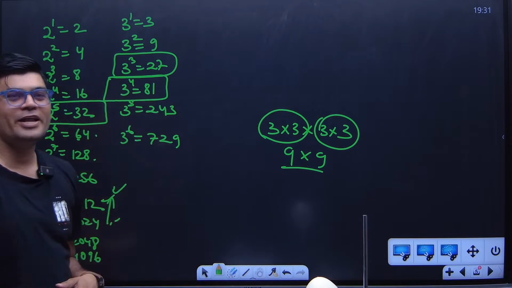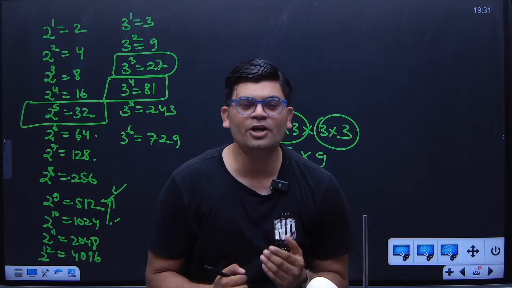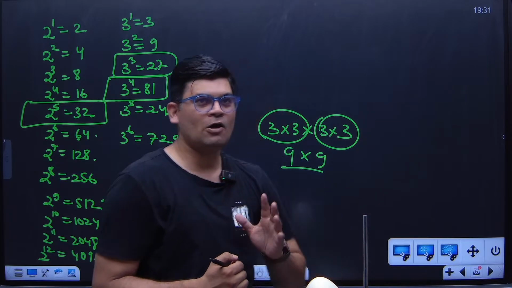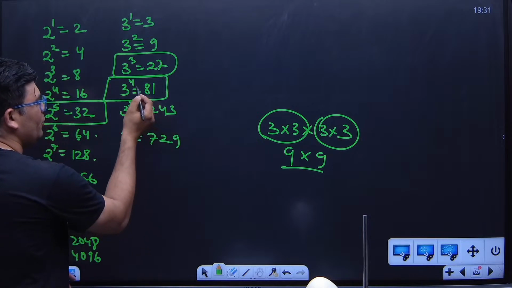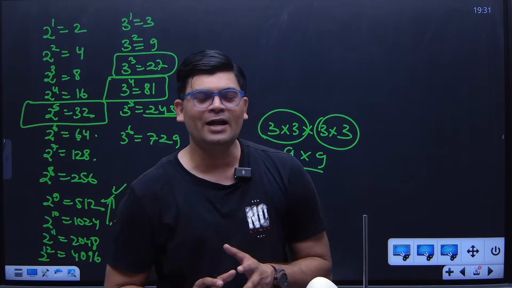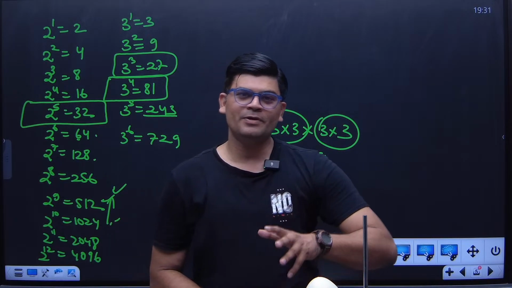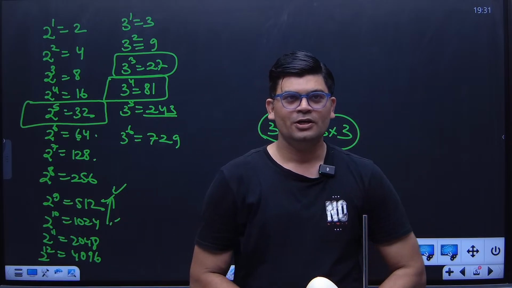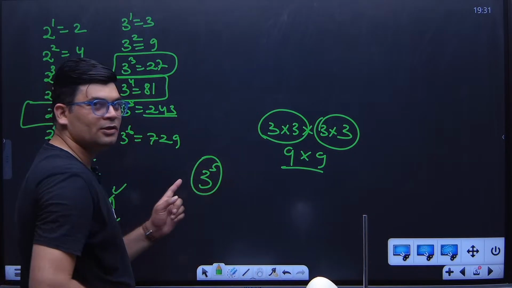So 3 to the power 4 is 81. Now 3 raised to the power 5 is 243. How can you remember this? See, 3 into 1 is 3, 3 into 8 is 24. So 243 is a special number. You can't ignore that. Many times you will see this number in the calculations. So 243 means 3 raised to the power 5. What is 3 plus 5? 8.